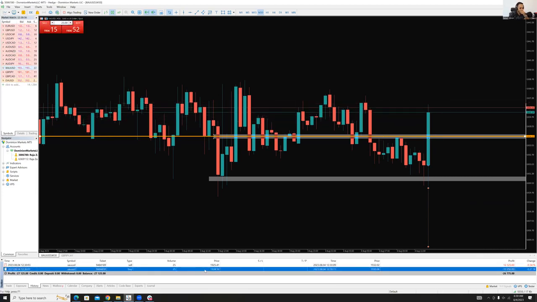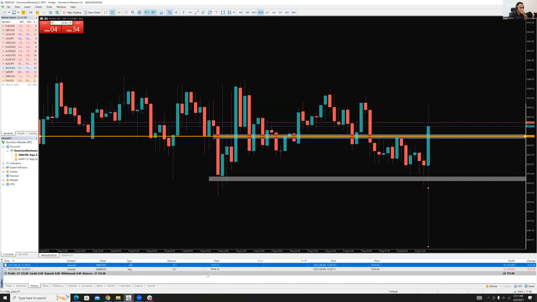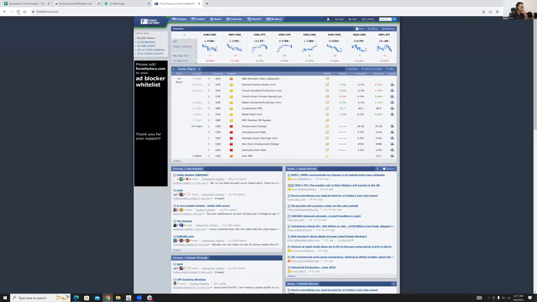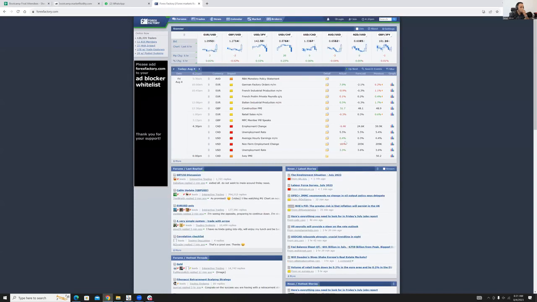So this got activated, moved up. No, the sell stop got activated, and then the buy stop got activated. So the numbers are, oh shit. So the unemployment rate was good, but the NFP was bad.